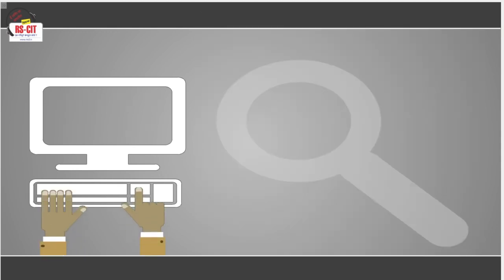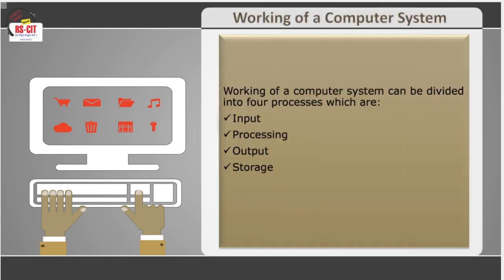Working of a computer system can be divided into four processes, which are input, processing, output, and storage.